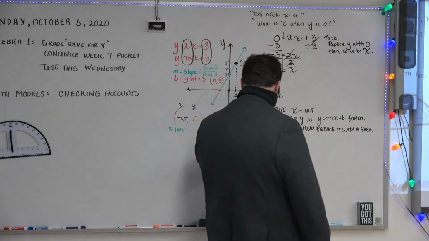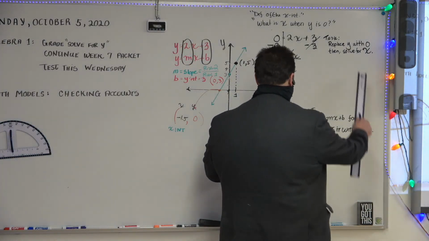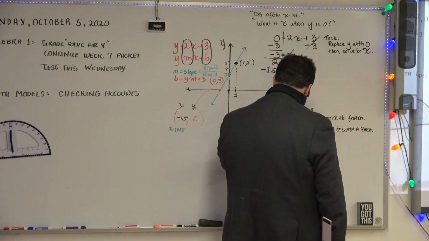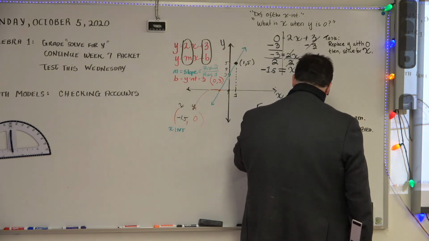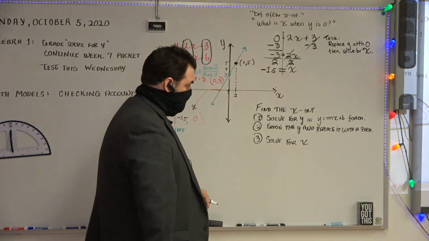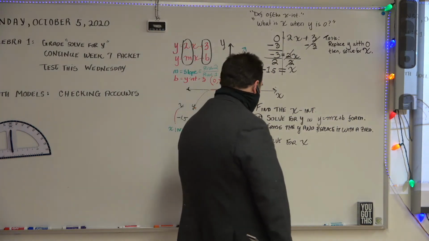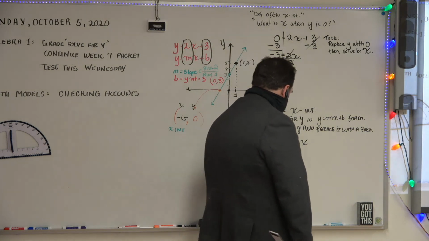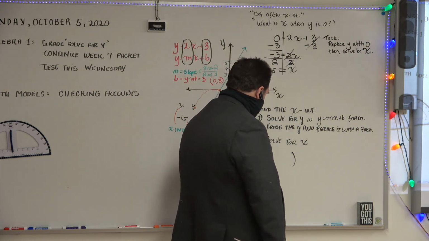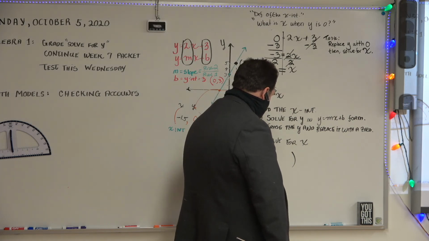Number 3. Solve for x. That's it, and then you write your answer like this. So your x, it's going to be x comma y.